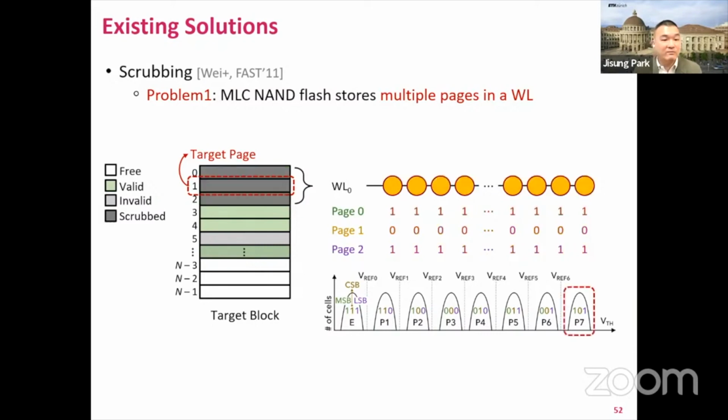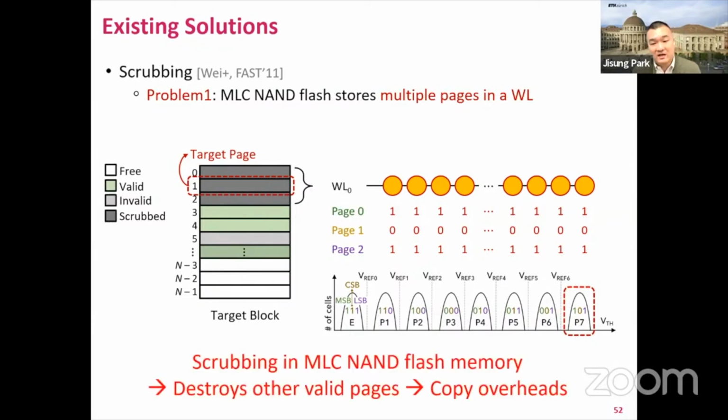In this case, reprogramming all the cells to the highest threshold voltage state would destroy not only the target page's data, page 0's data, but also the data of the other pages that share the word line, right? It means that in MLC NAND flash memory, scrubbing also requires a copy operation to avoid data loss for the other valid pages in the same word line.